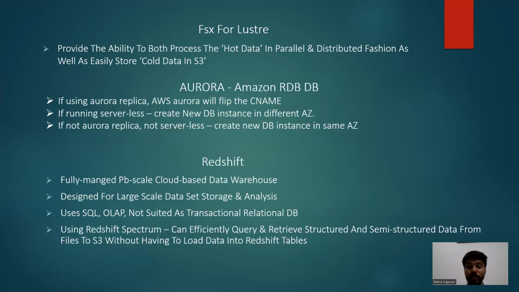And using Redshift Spectrum, you can efficiently query and retrieve structured and semi-structured data from files in S3 without having to load data into Redshift tables. Okay, so these are some unique features related to Redshift. So if you need to design a database for a large scale data set and relational DB, you can use SQL, then Redshift is the right choice.